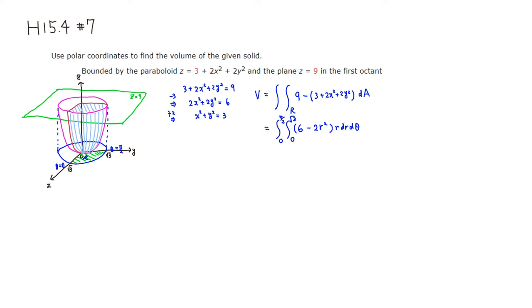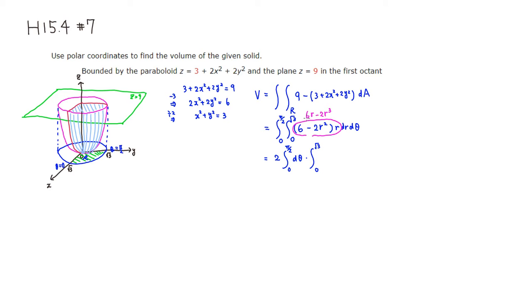Let me go ahead and distribute the r here. This is going to be just 6r minus 2r cubed. Then I can pull out the 2 and put it outside. Since this is separable, I'm going to do the integral from 0 to pi over 2 d theta, times the integral from 0 to square root of 3.